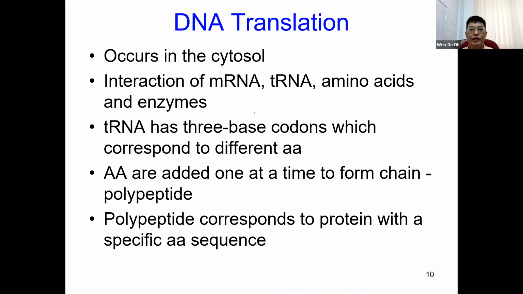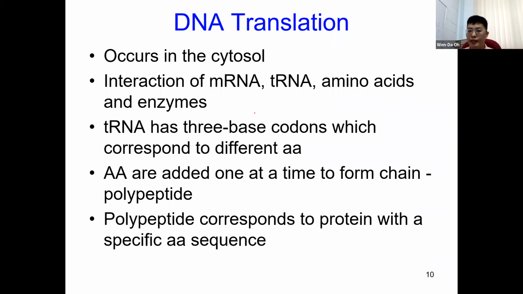Okay, so translation occurs in the cytosol. The cytosol is the part outside the nucleus. So you have the RNA going out from the nucleus, and then it starts to translate and build proteins. You have different kinds of RNA, like mRNA and tRNA, messenger RNA and transfer RNA.